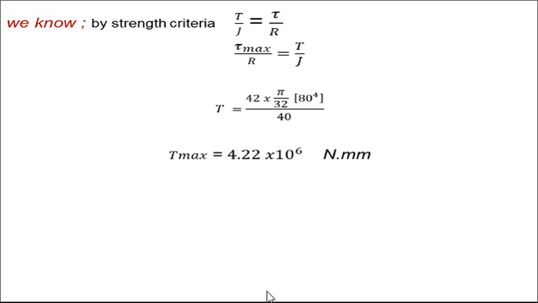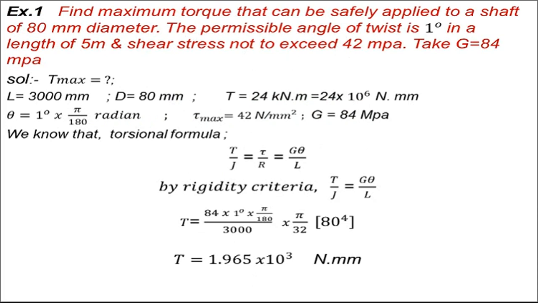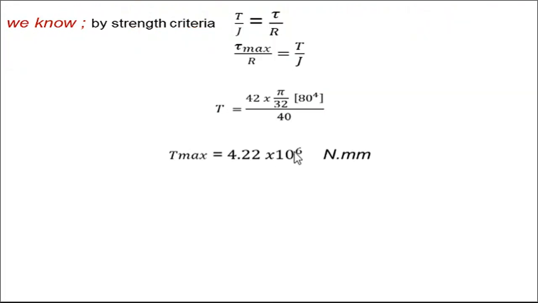That is the maximum torque that can be applied to the shaft. So our final answer is T max, the maximum torque, equal to 4.22 into 10 to 6 Newton mm. This is our final objective.